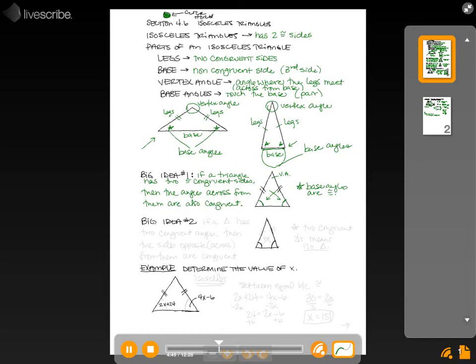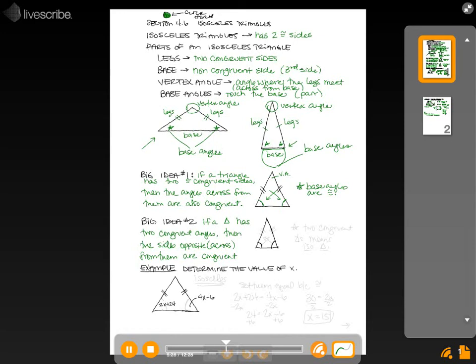Big idea number two is the converse of that. It says if a triangle has two congruent angles, then the sides opposite or across from them are congruent.